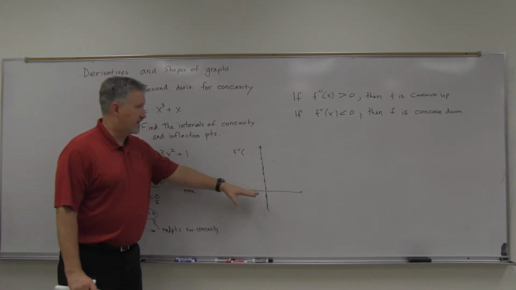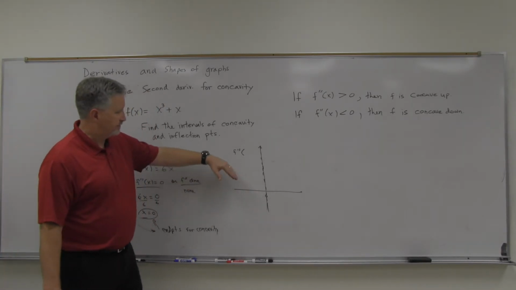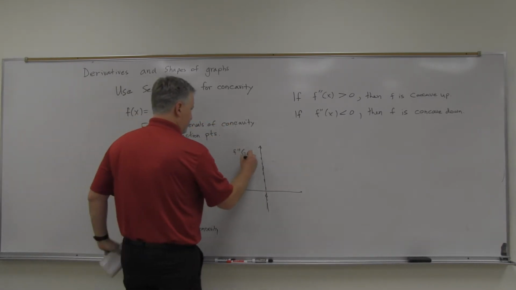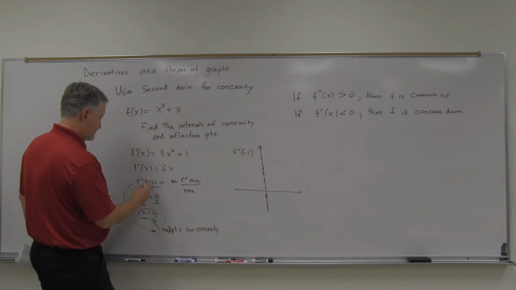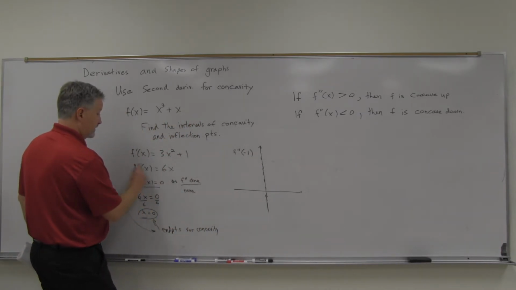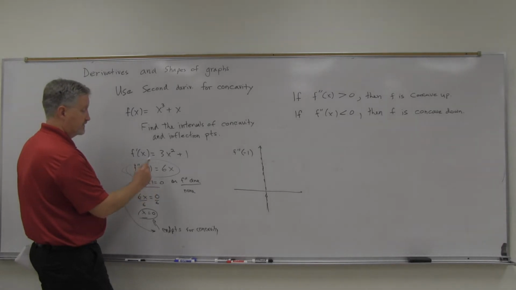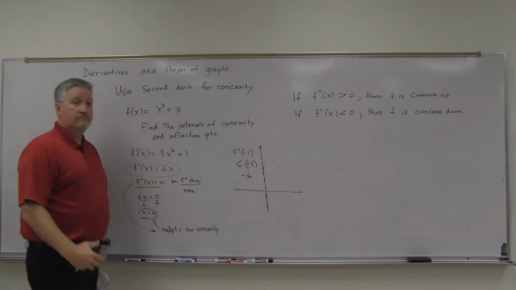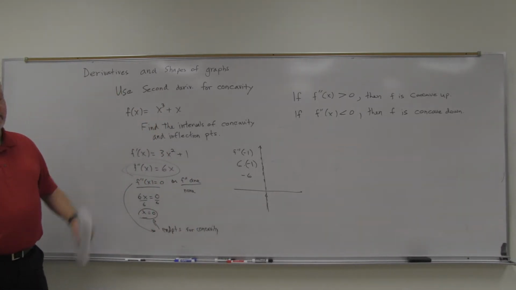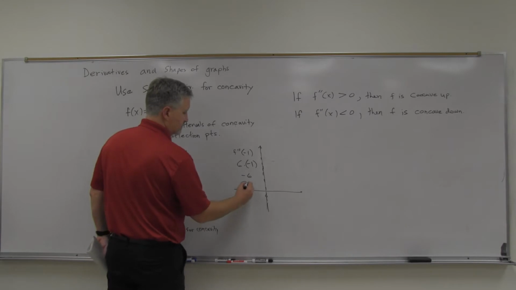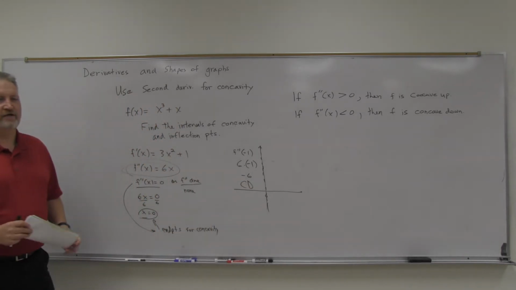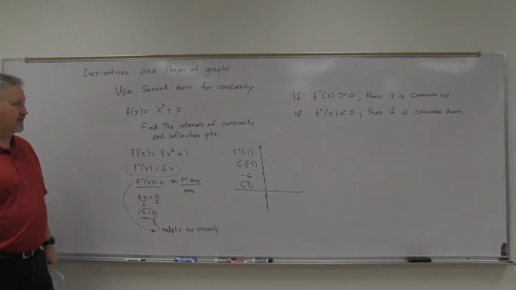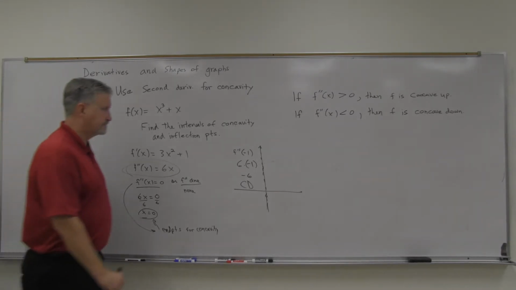So when I go back to my example here, I've got 0, so that's going to break up the concavity. If I look at f double prime of negative 1, plugging that into the second derivative, it's 6 times negative 1, negative 6. The negative second derivative, that's concave down. Second derivative negative is concave down.